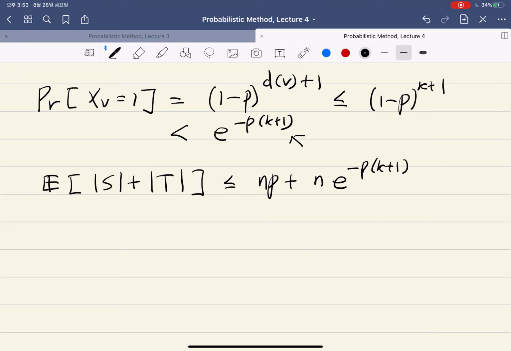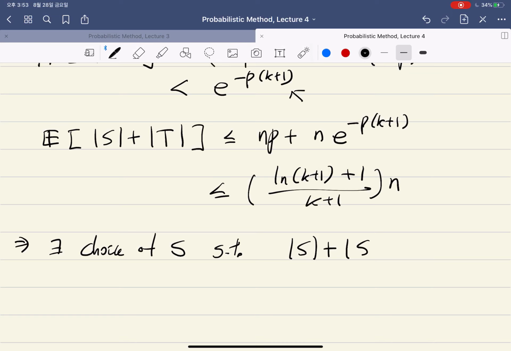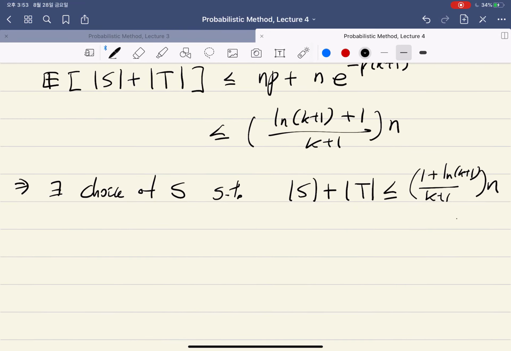And then the first term has log(K plus 1) over (K plus 1) times N. So this suggests that there exists a choice of S which yields the size of S together with T at most this number. So this completes the proof.